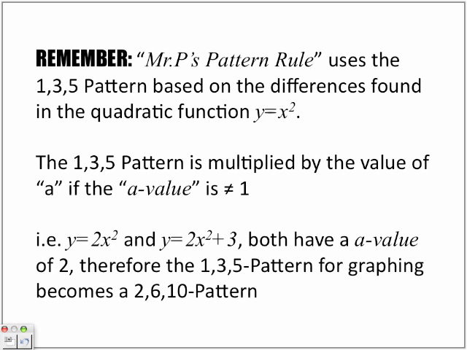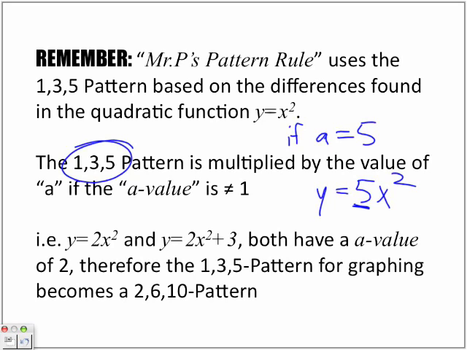If for some reason A happened to be 5, say y is equal to 5x squared, the 1, 3, 5 pattern would be multiplied by 5. And if you had that kind of graphing space, you'll see how far apart the points will be from the vertex.